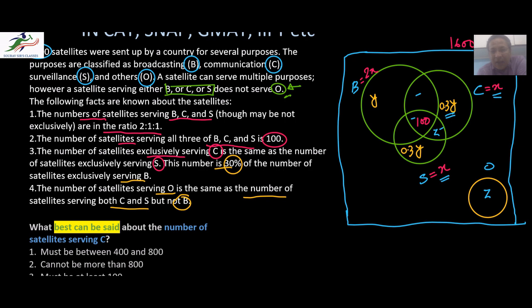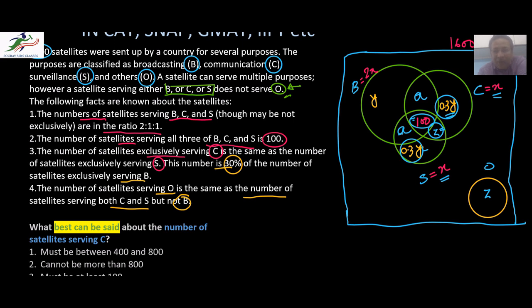So these are the components of C. And similarly, S is made up of 0.3y, z, 100, and this. So we see that 0.3y is common, z is common, 100 is common. So the only portion left between C and S is this one. Let's say we call it A. So this will also be equal to A. This is the first thing that we note.